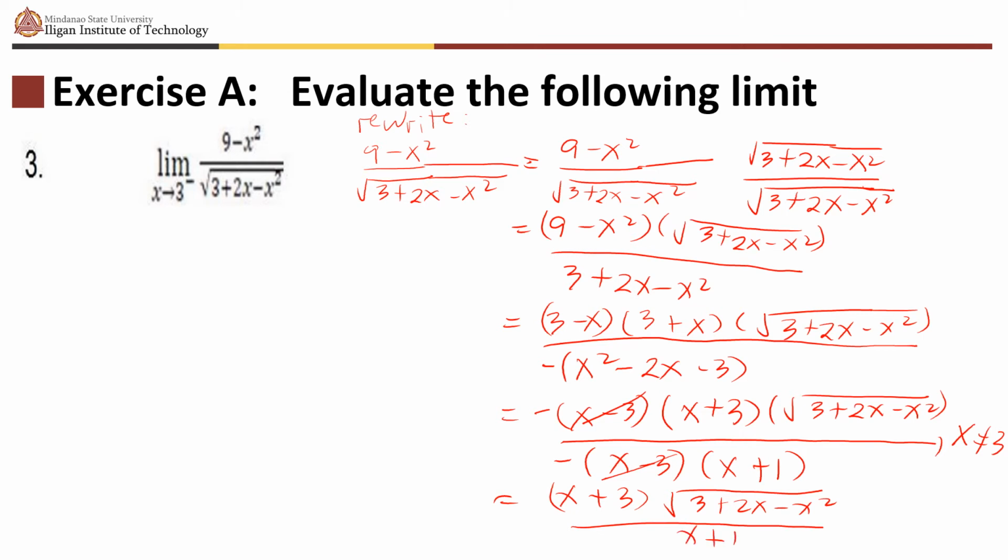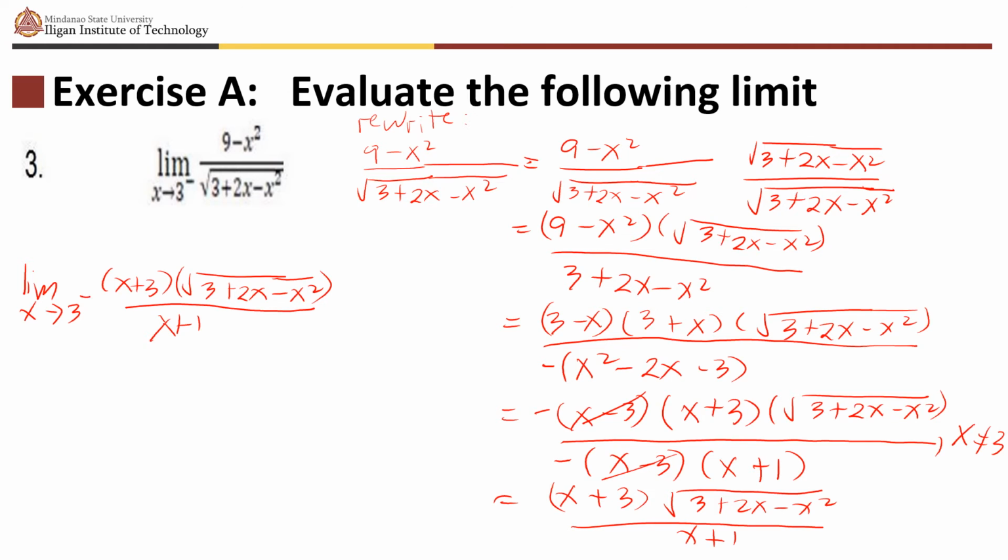So this can be rewritten as the limit of x plus 3 times the square root of 3 plus 2x minus x squared all over x plus 1 as x approaches 3 from the left.